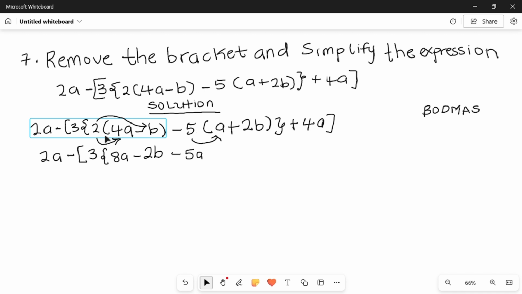Here 2 times 4a to get 8a, and 2 times minus b to get minus 2b. So now minus 5 will times plus 2b to get, minus times plus will give you minus, and 5 times 2b will give you 10b.